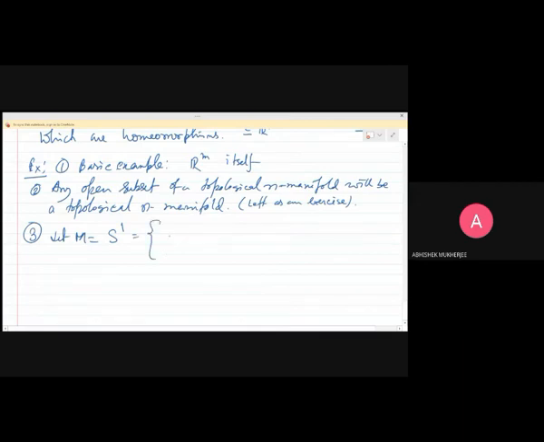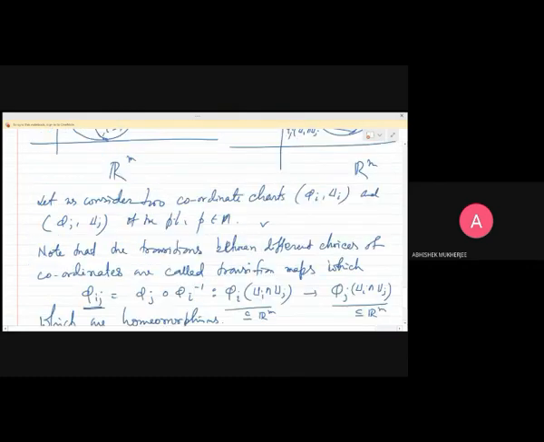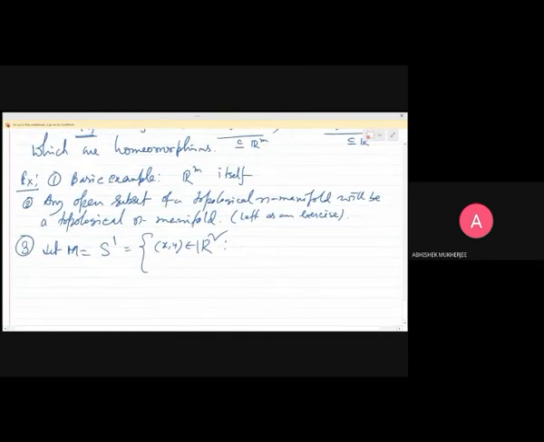S1 is the unit circle, x squared plus y squared equal to 1. Now, obviously, in the basic topology course, we have already seen that this S1 is Hausdorff and second countable.